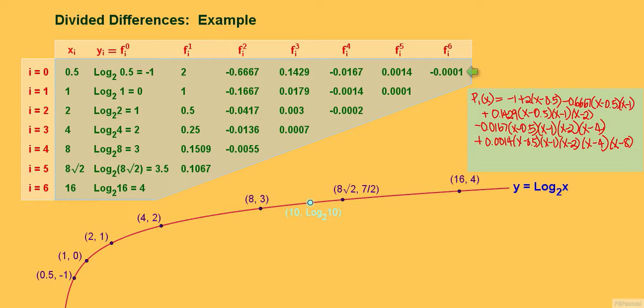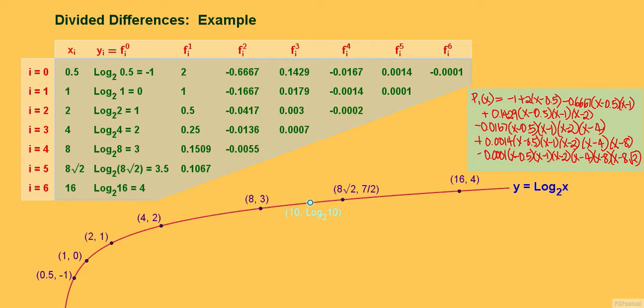With only one more term in the row, there should be one more term for the polynomial, and it starts out with minus 0.0001 multiplied by x minus 0.5, x minus 1, x minus 2, x minus 4, x minus 8, x minus 8 times the square root of 2. Observe that we do not use x minus 16.